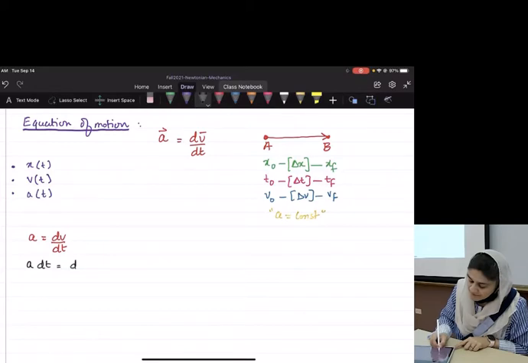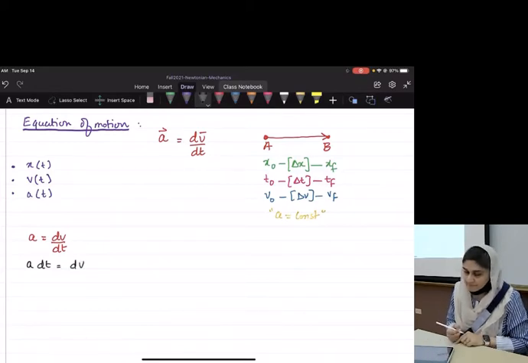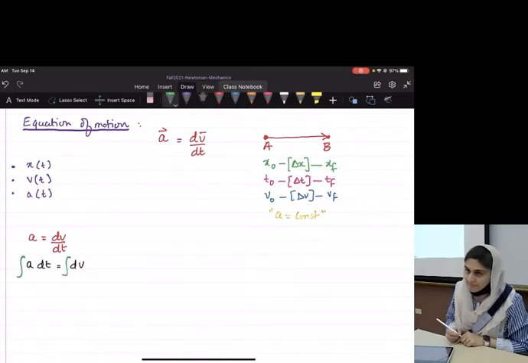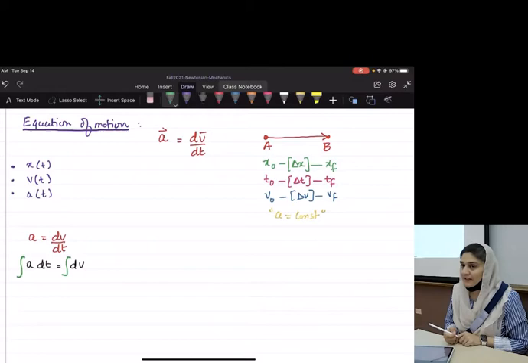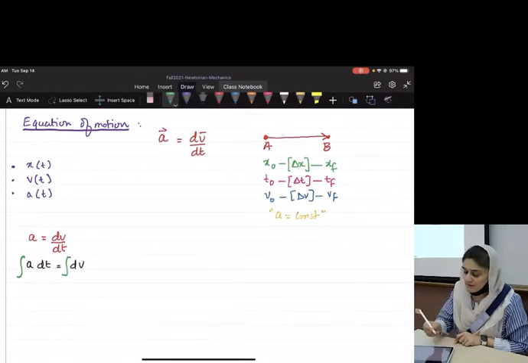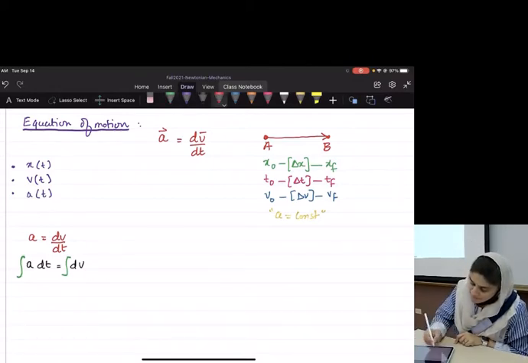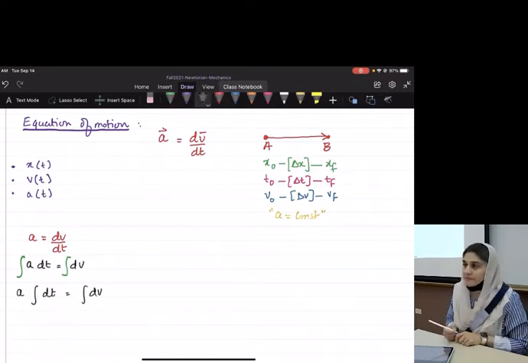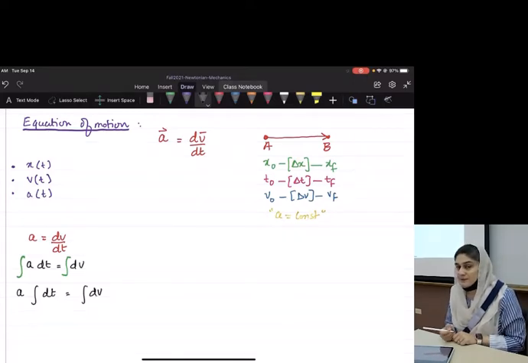Can I do that? Is A constant? Can I take it out of the integration? Okay. So would this be written as A dt equals dV? My limits of integration will be?